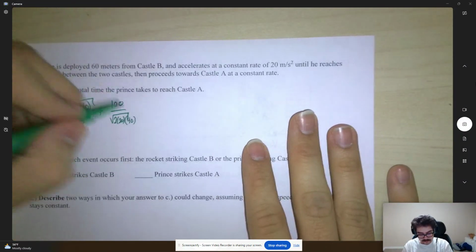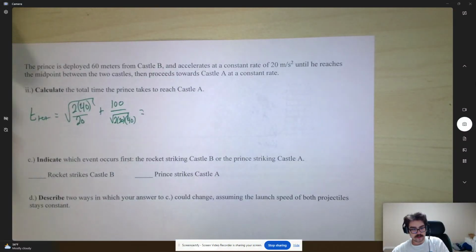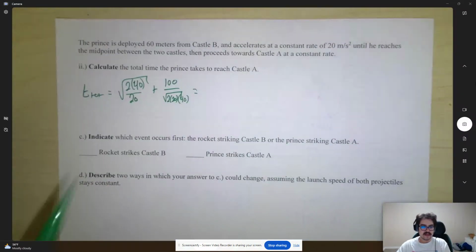I'm writing this really small, my bad. I don't remember if this ends up being a super clean number or not. I don't think it does off the top of my head.